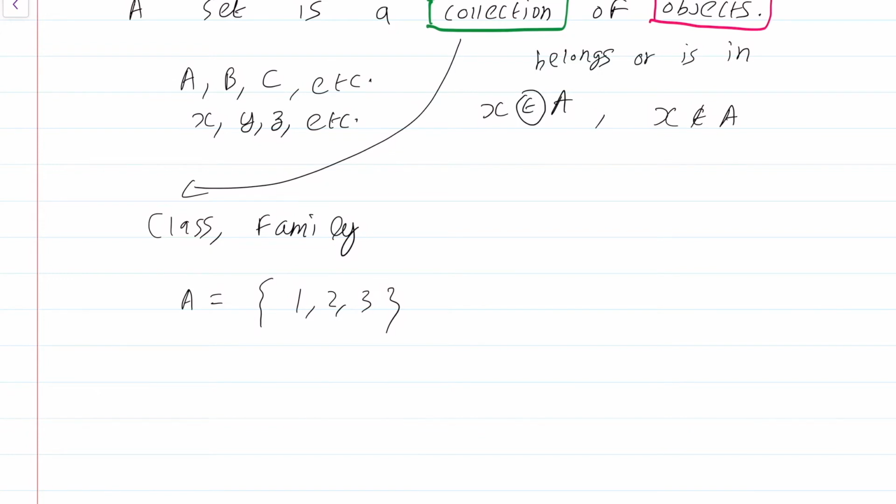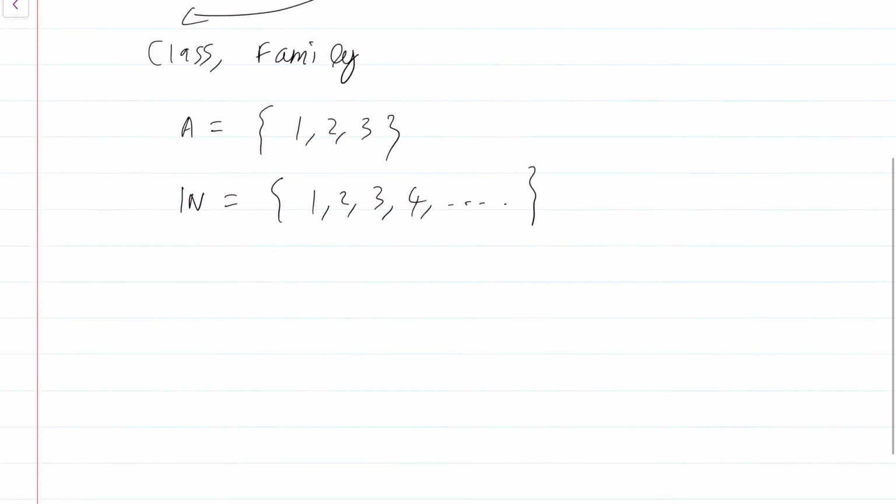For instance, how will you write down the set of natural numbers N? Well, we take several shortcuts. We can write 1, 2, 3, 4, dot, dot, dot, leaving it to the reader's understanding that it is supposed to go on indefinitely and denotes the natural numbers. So we will rely on intuition whenever possible to reduce the notational clutter.